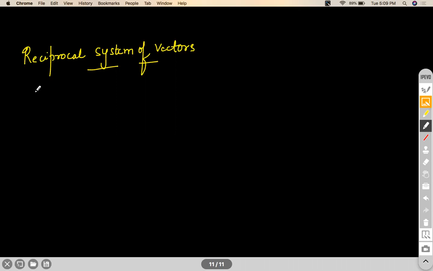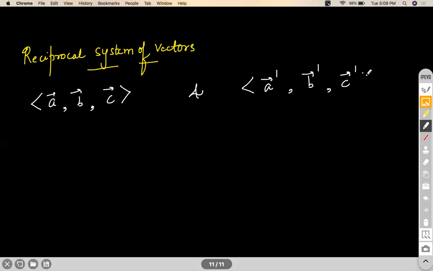So let's say there is a system of vectors A, B, C. So this is one system of vectors, and there is another system of vectors, let's say A dash, B dash, and C dash.